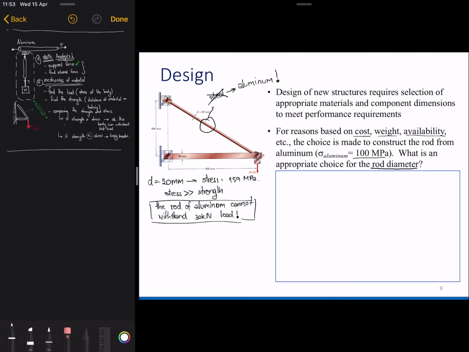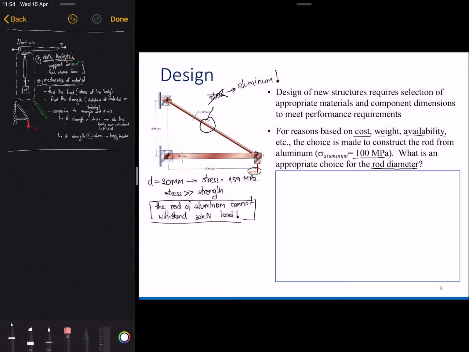Or third, you reduce the load. Instead of 30 kilonewton, maybe you change it to 15 kilonewton, for example. But in this case, we would like to improve the design by changing the diameter of the rod. We would like to increase it.